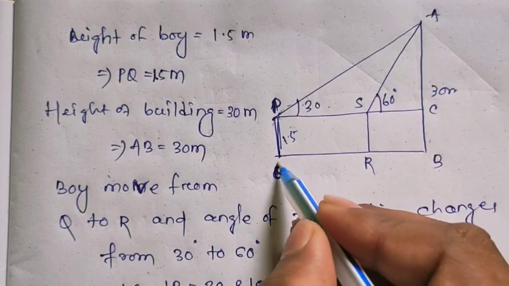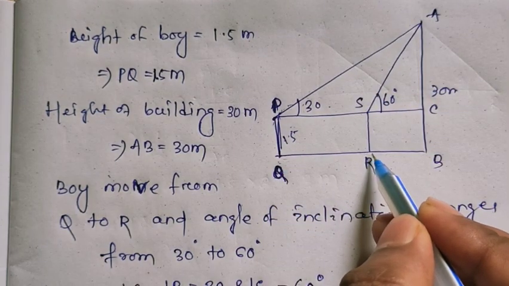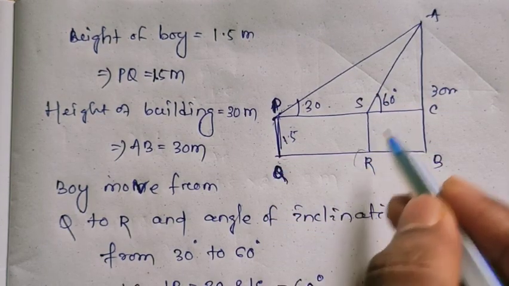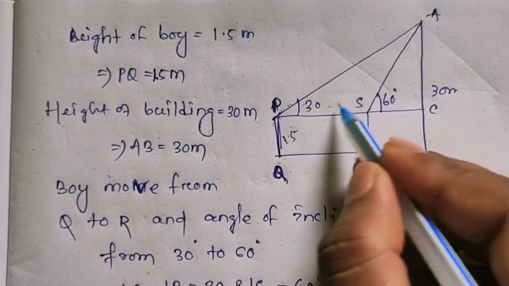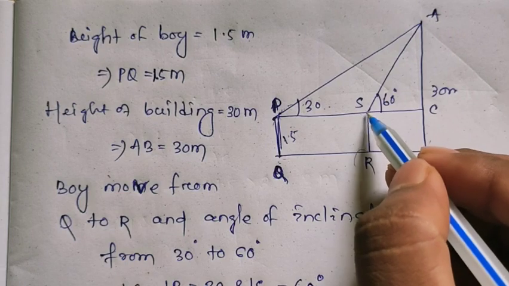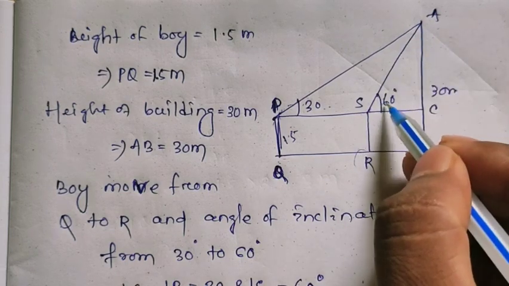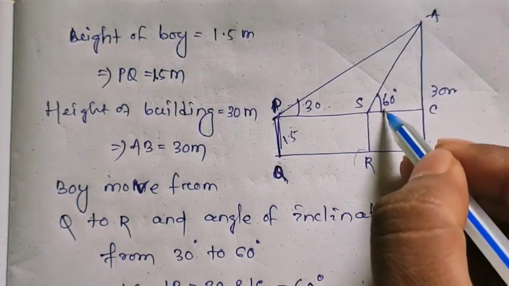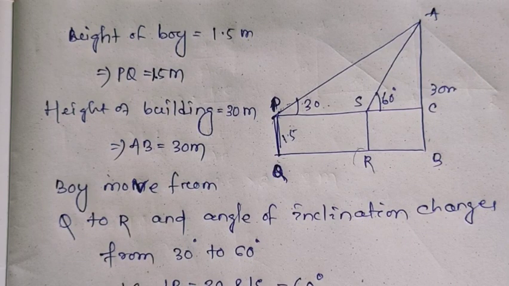And when he walks a certain distance, to point R, the angle of elevation changes from 30 to 60 degrees. That means from here he can see the top, and the angle of elevation from his eye to the top will be 60 degrees. Understand up to this?